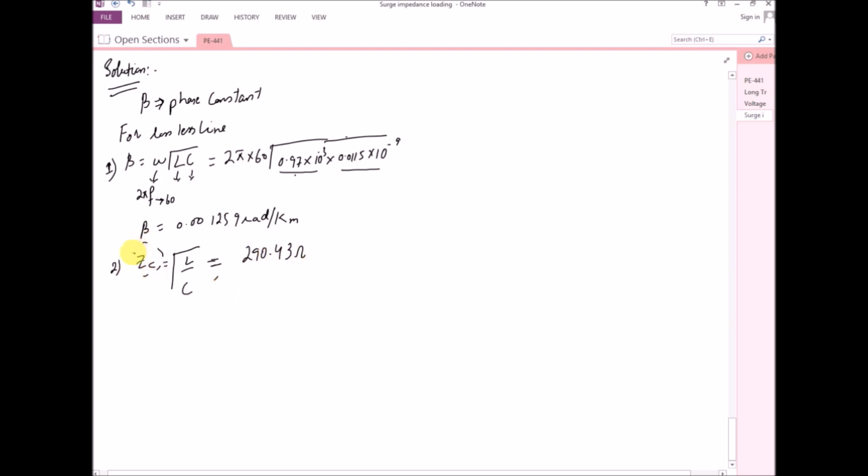This is the characteristic impedance, or we can replace it with Z0. This is your surge impedance, because this is the impedance of a lossless line. The characteristic impedance of a lossless line is known as surge impedance. You can also write it as Z0, which would be easier to remember.